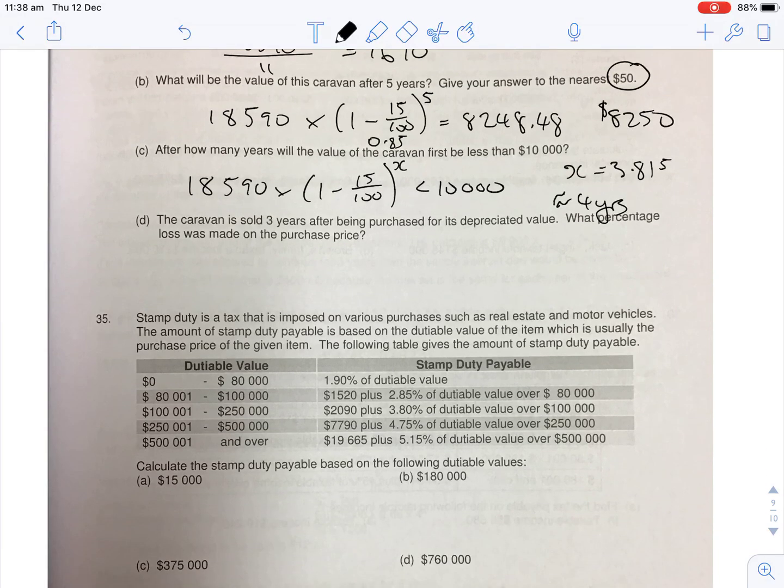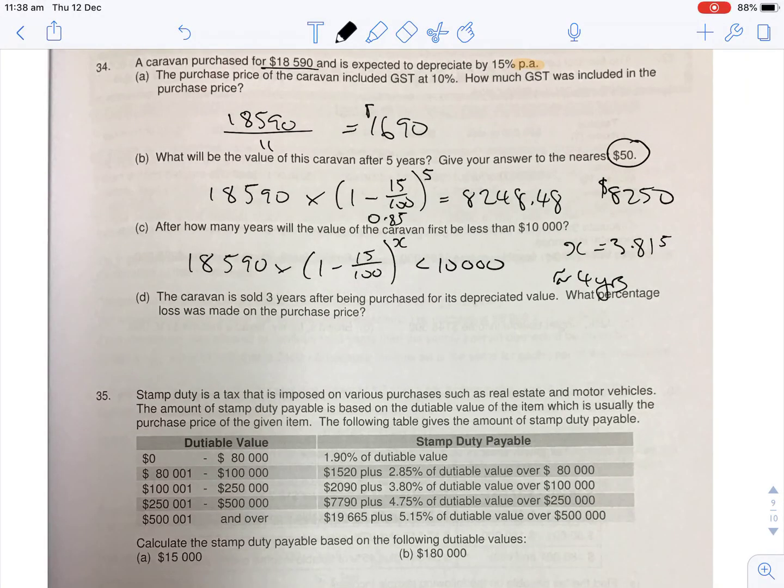The caravan is sold 3 years after being purchased for its depreciated value. So what percentage loss is made on the purchase price? So if we find the value, we would have gone 18,590 times 0.85, or your 1 take 15 on 100, to the power of 3. That would give me a caravan value now of $11,416.58.